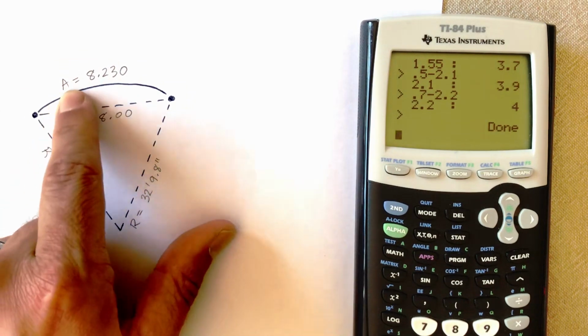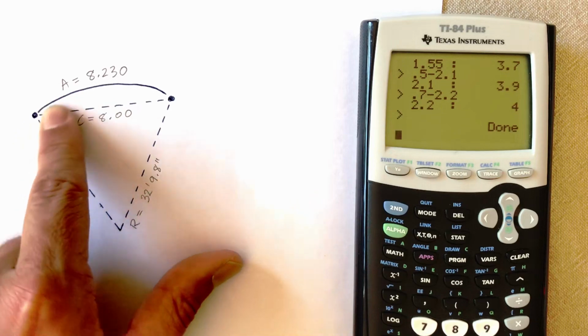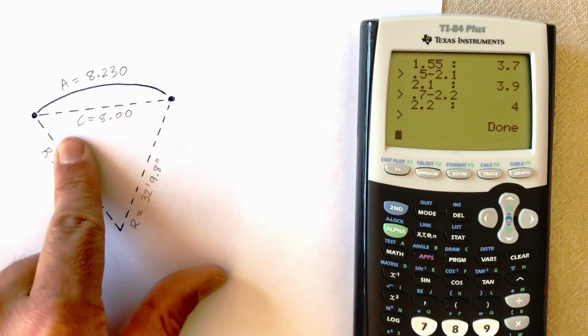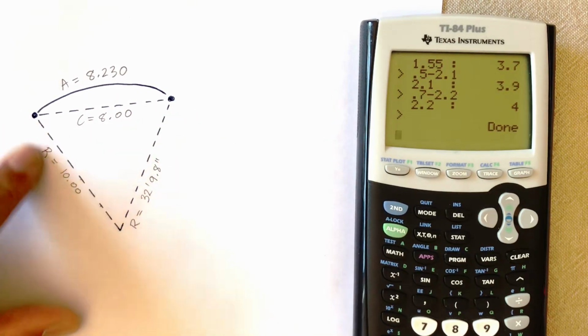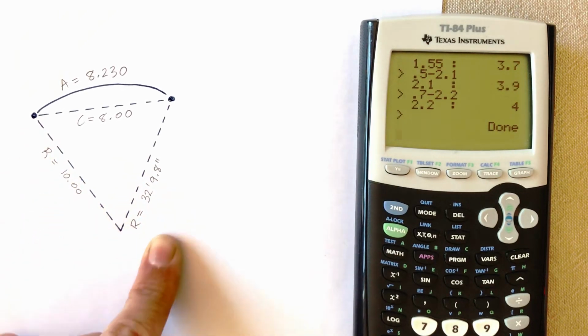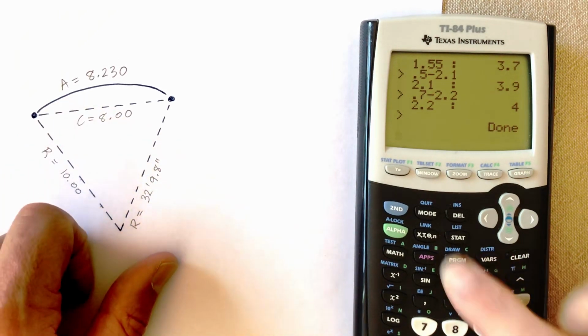So here we have an arc length represented by A. The length of that curve is 8.23. The chord represented by C is 8 meters across, and the radius of the arc is 10. So let's just put those in and I'll show you how that works.